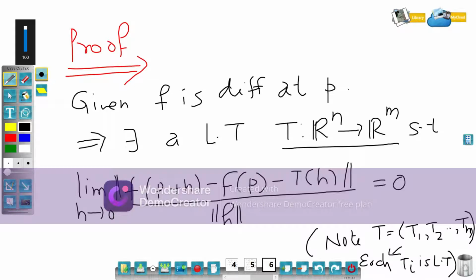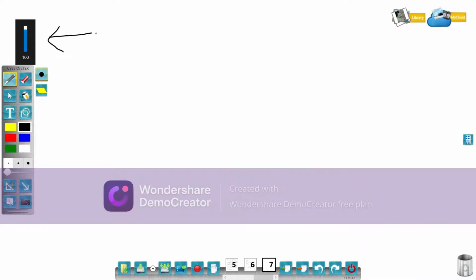Okay, so if this is equal to 0, then let me expand this in a correct way. This theorem is an if and only if, so if you go in reverse steps also, we will get the same proof.